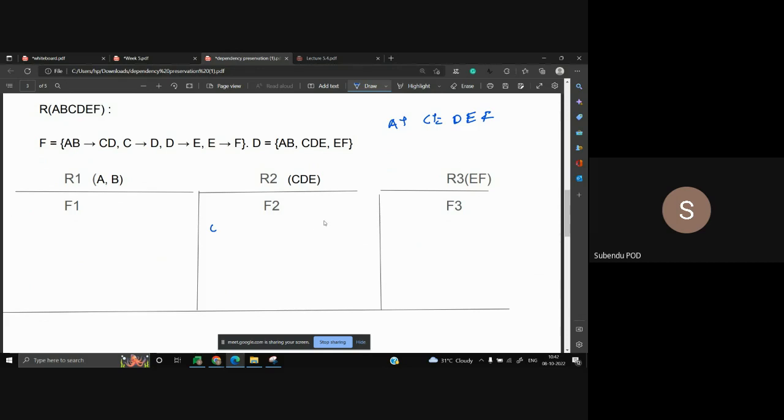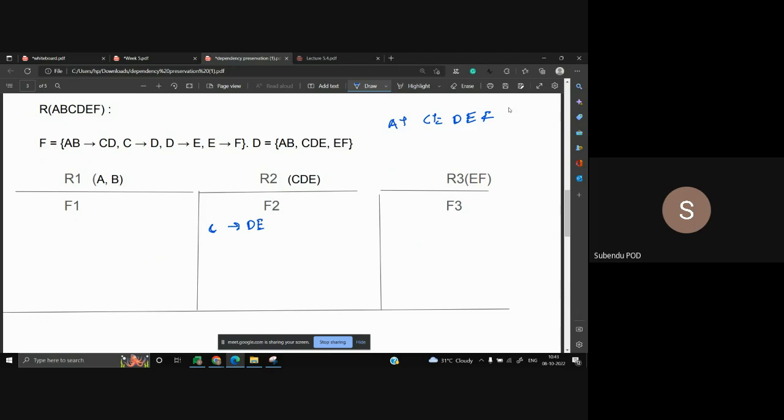Up to this is clear. Okay, we can write C determines D, E. This is clear. So should we directly write DE, or should we write C determines D and C determines E?